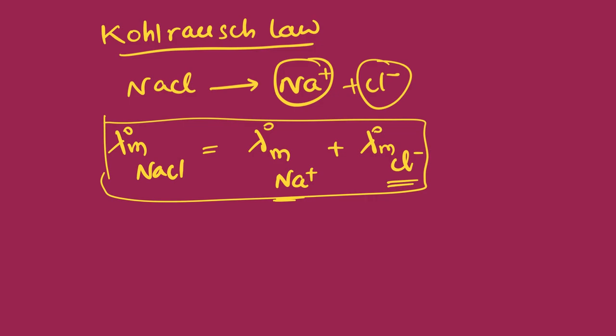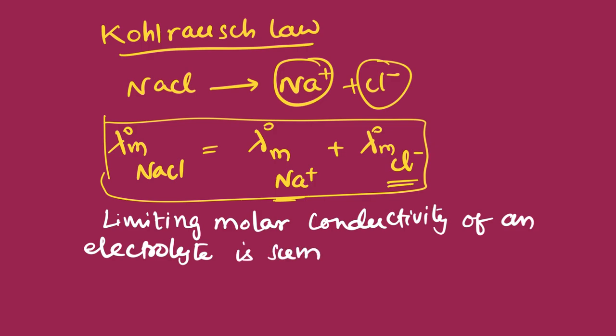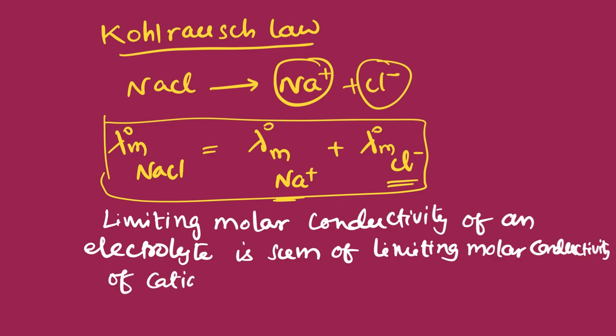So what is the definition now? According to this formula, the limiting molar conductivity of an electrolyte is the sum of the limiting molar conductivities of the cation and anion.